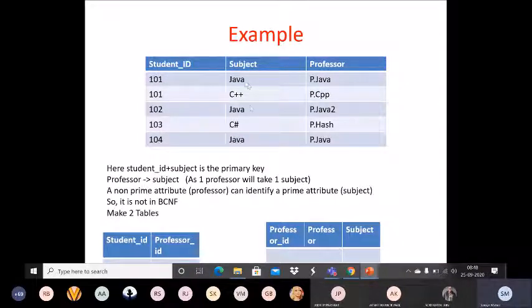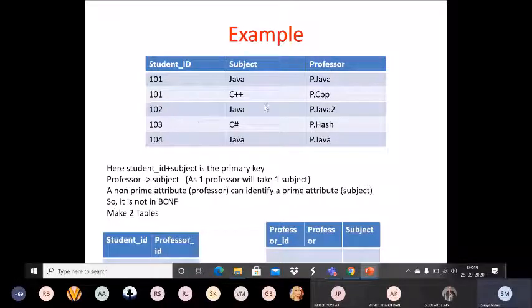101 and 102 take Java, and it has been taken by Professor Java 1 and Professor Java 2. 104 is one different student, but he is studying with this student 101, right? So the subject name will be Java, and the professor will be the same for the same class.